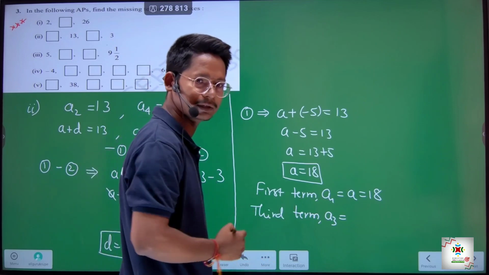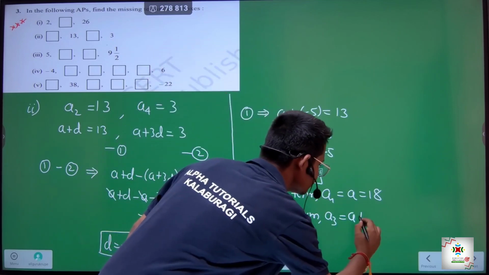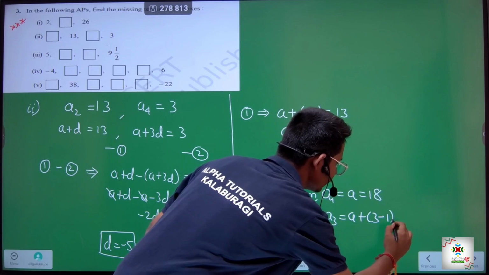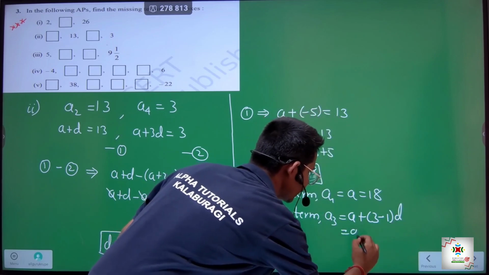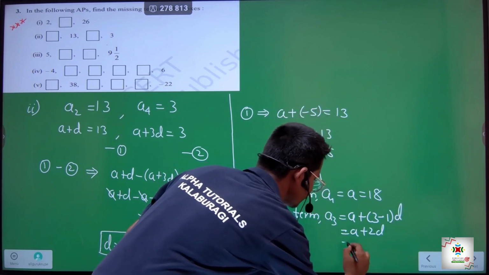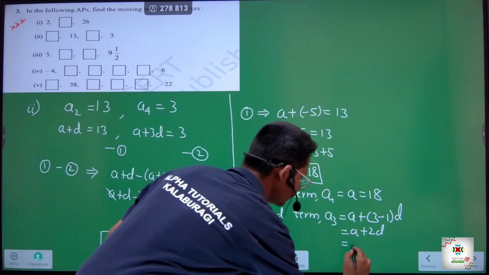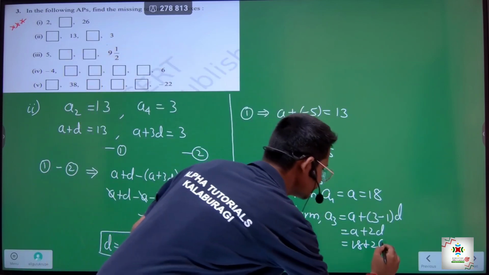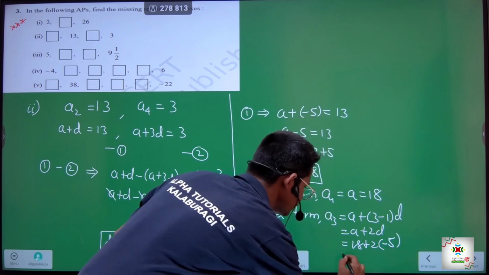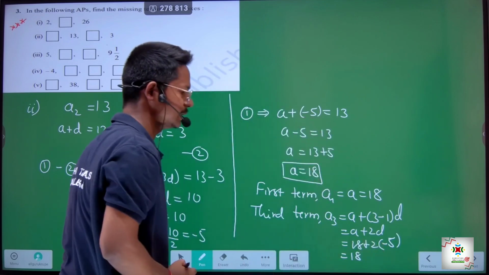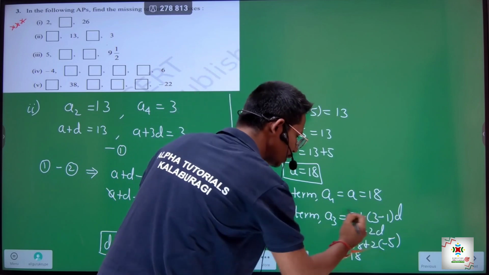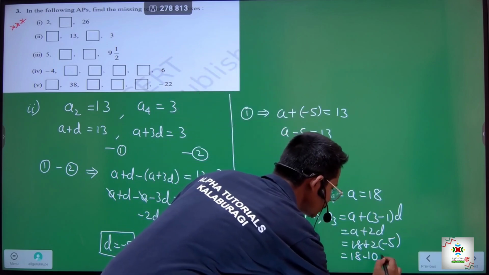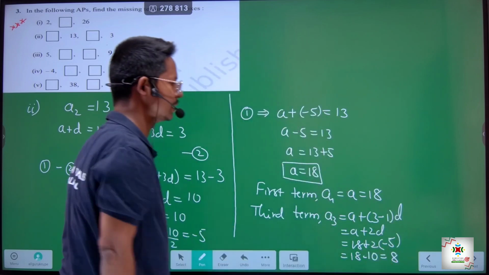I can use the nth term formula, it is A plus n minus 1 into D. It is A plus 2D. So A value 18 plus 2 into D value minus 5, so it is 18 plus into minus 2 into 5, that is minus 10, so it is going to be 8.